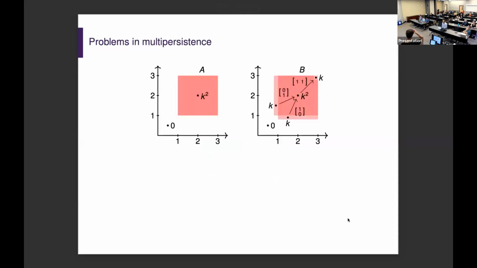Unfortunately, it doesn't work well in general. And we can look at a slightly more complicated example to see why that is. So here we have a module A, which is just 2 copies of a square. And we have a module B, which is indecomposable. Now B is close to A in the interleaving distance, but what happens here is essentially that in this upper tiny corner of B, we're gluing together the 2 indecomposables.